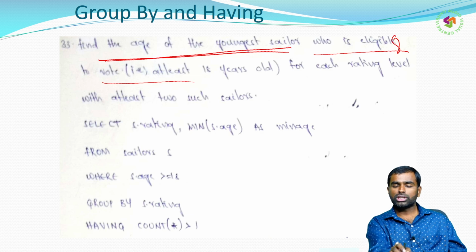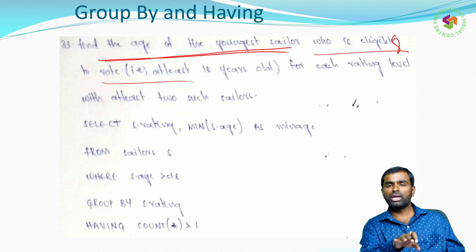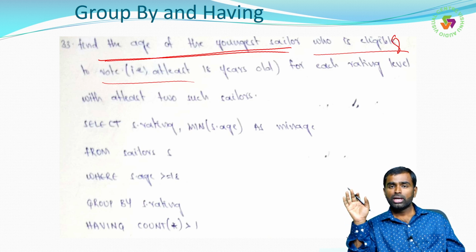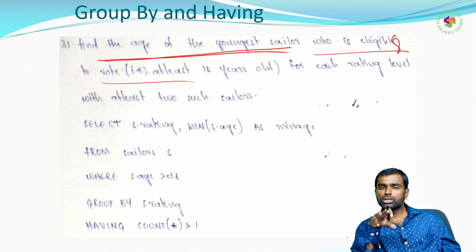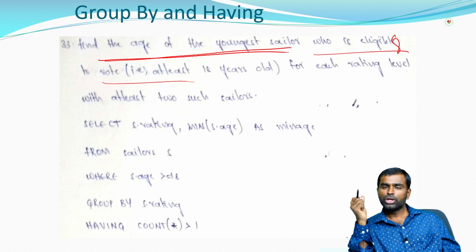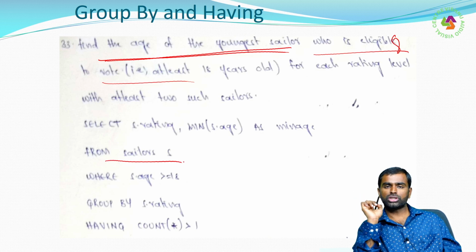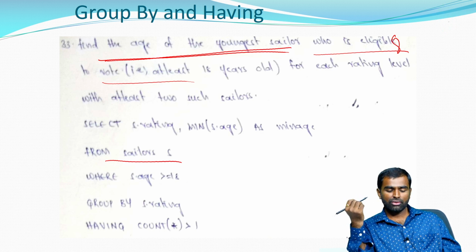What is in the find portion has to be given in the select portion. The tables you need to retrieve the data from, the columns you need to access for the answer, you have to give in the from portion, all the tables you need.